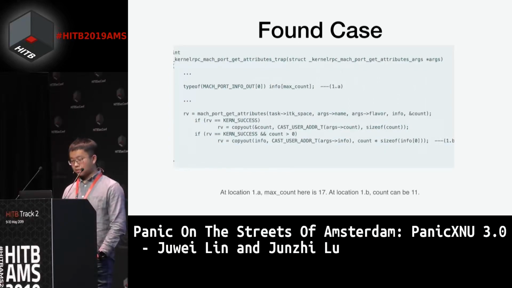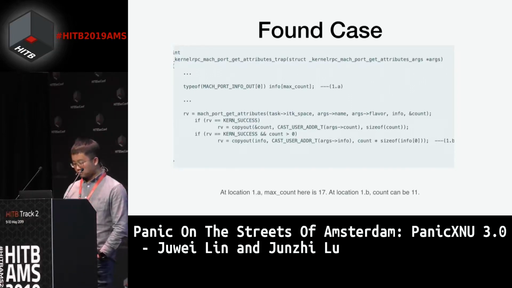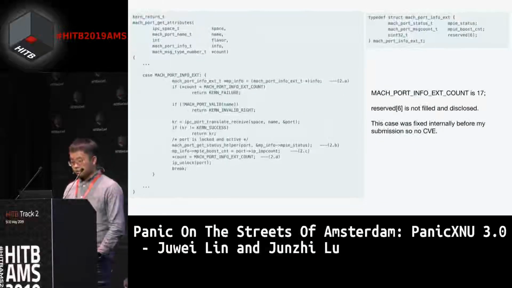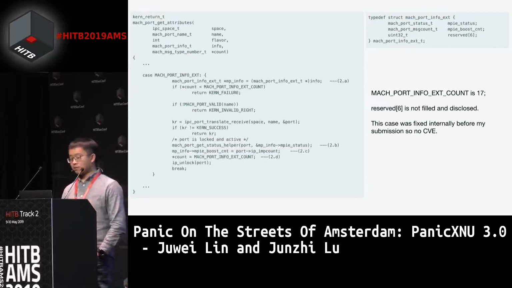At location 1.A, the max count here is 17, but at location 1.B, the count can be 11. As in this picture, the mach port info extension count is 17. So what happens?